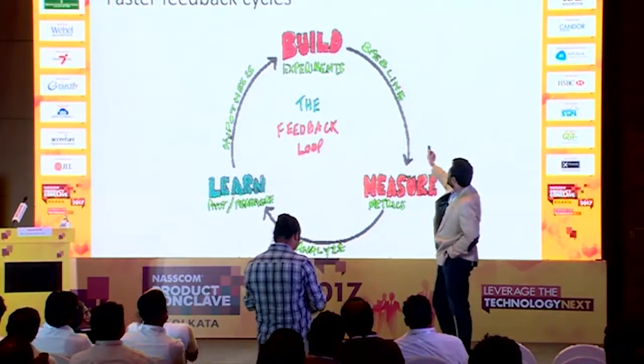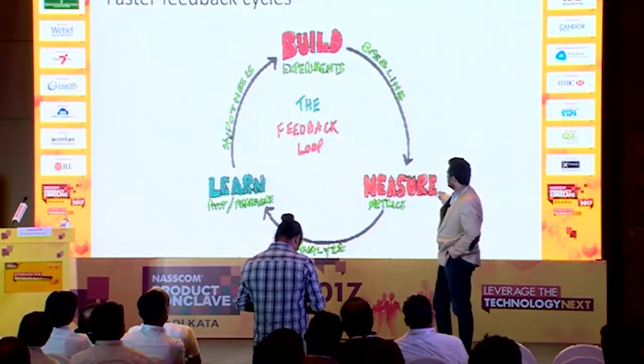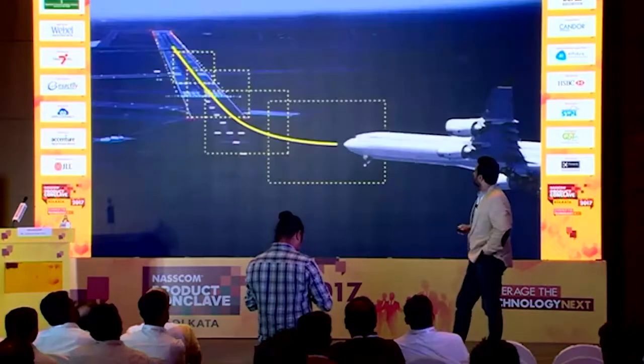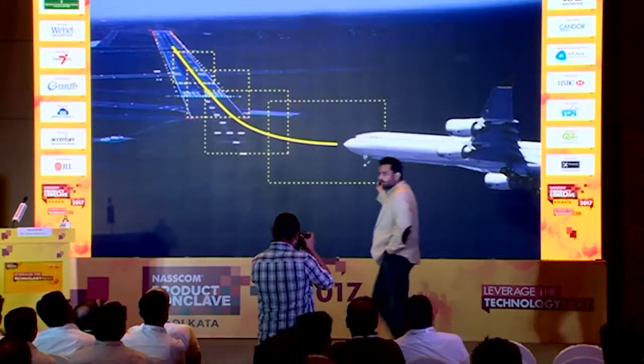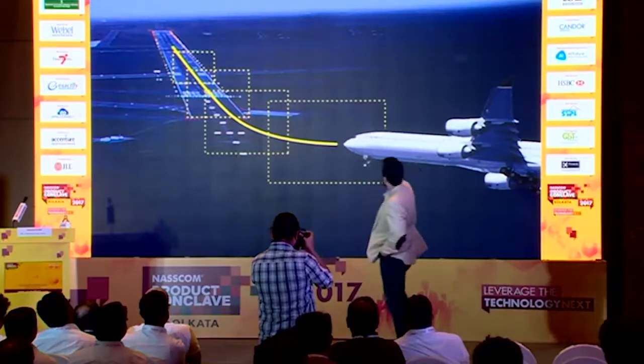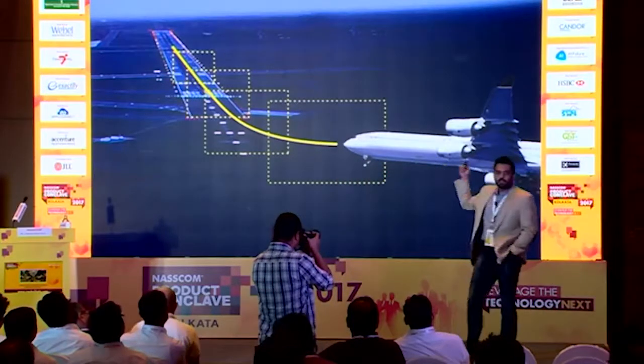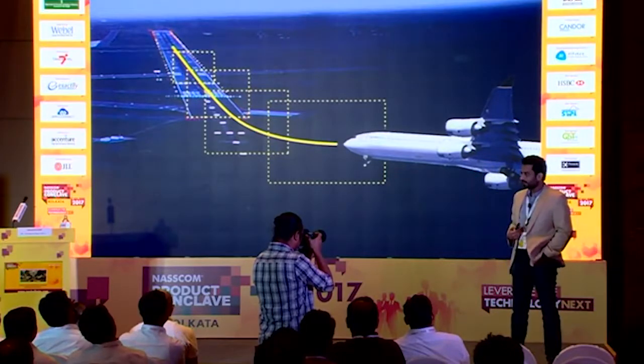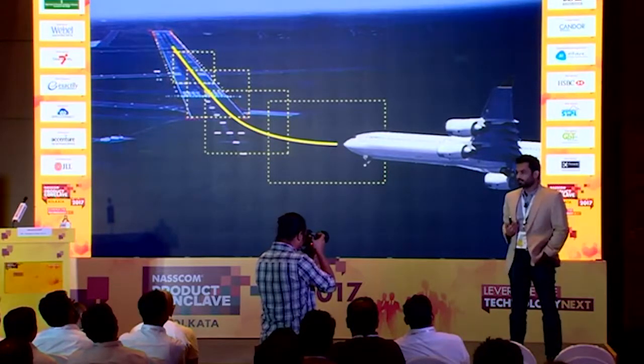So there is a cycle of build, measure, learn. This is how you do it. Now this is a very common example: a picture of a plane landing. When a plane is landing, think about how many times it gets feedback to stay on course.